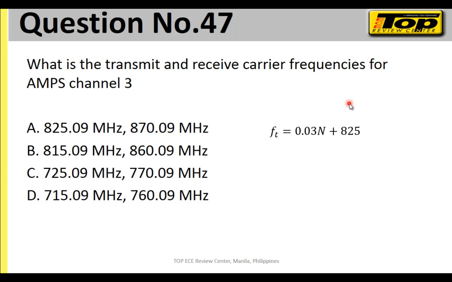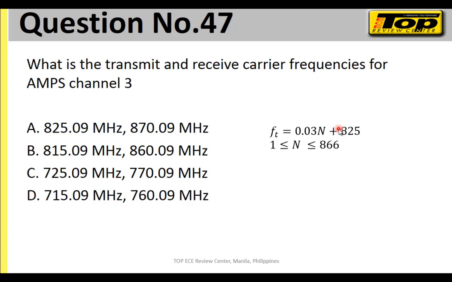This equation can only be used if the channel number is greater than or equal to 1 and less than or equal to 866. So pasok yung 3 dyan because 3 is greater than 1 and less than 866. So pwede natin gamitin equation yan.